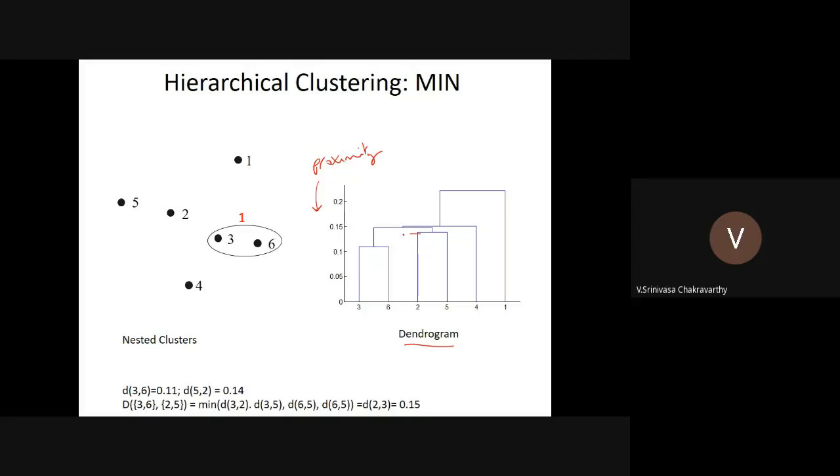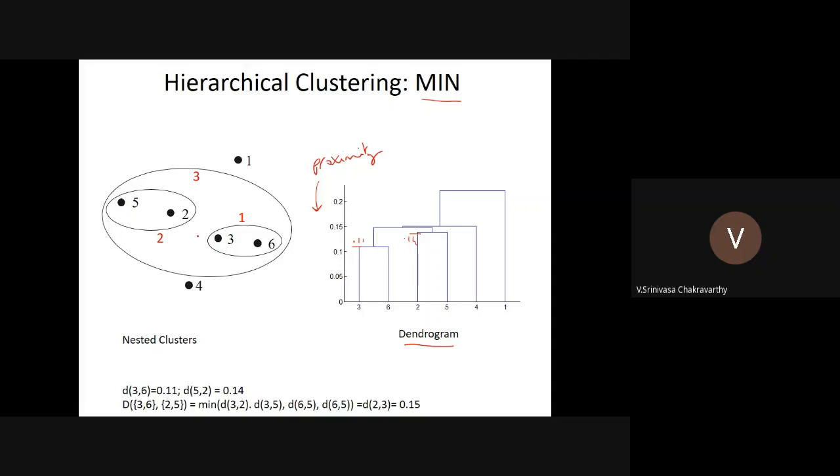This level is 0.14, this level is 0.11. And then the next merger happens to be this, because we are using the min measure of proximity between clusters.